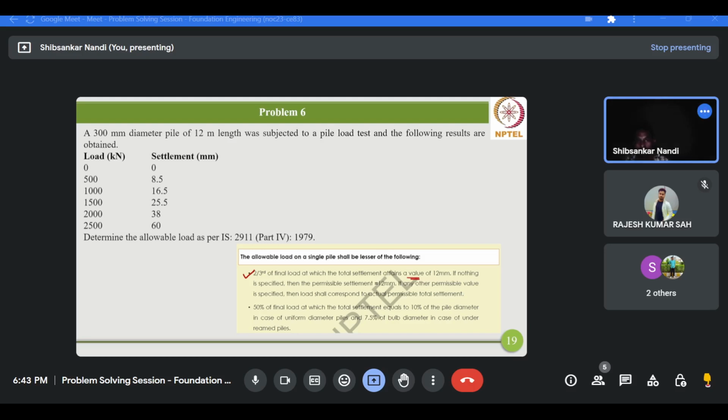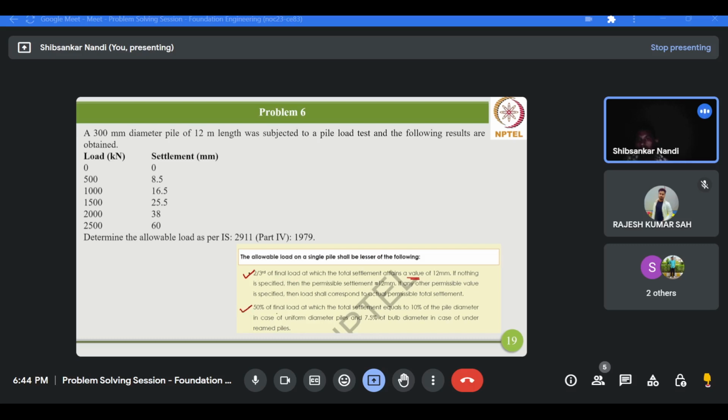In this problem, the permissible settlement value is not specified, so therefore we will take the permissible settlement as 12 mm, and corresponding to 12 mm settlement we will calculate the final load, and figure out 2/3 of that final load. So this is the condition 1.